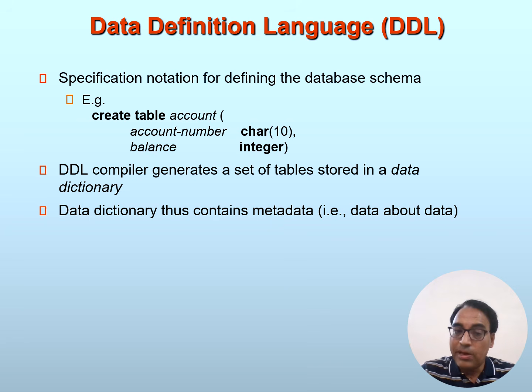The main data will be stored later when the users read and update the tables, but this is just the data about the further oncoming data. So we call it metadata, data about data, which DDL is able to create. Got it? Let us discuss it further.